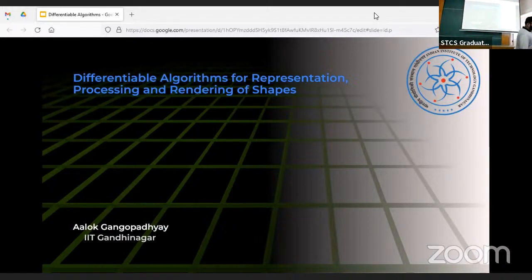So it's regarding shapes and in the digital world, when you're storing shapes on the computer, how we process it and render it or even represent it. So I'm going to talk about differentiable methods to do that. So first of all, why do we care about shapes?